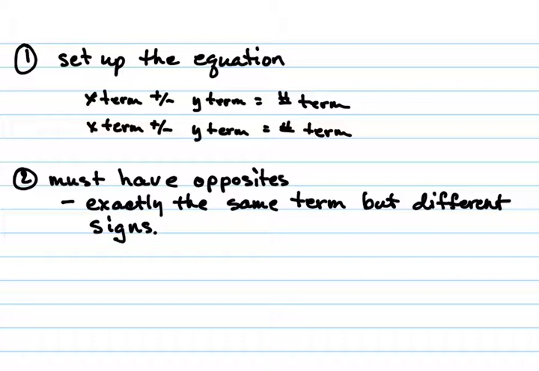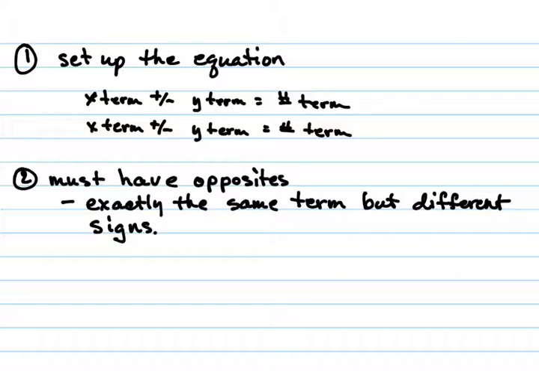So for example, what's the opposite of a positive 5x? Negative 5x, good. What's the opposite of negative 9y? Positive 9y. What's the opposite of negative y? Positive y. So as long as they're identical, except for the sign, then they're opposites, okay? The opposite of negative x is not positive 2x, right?